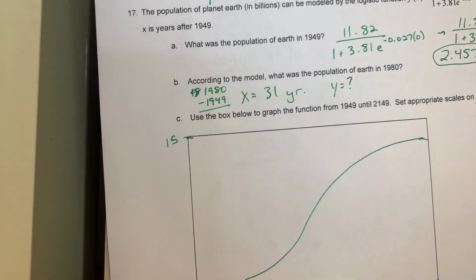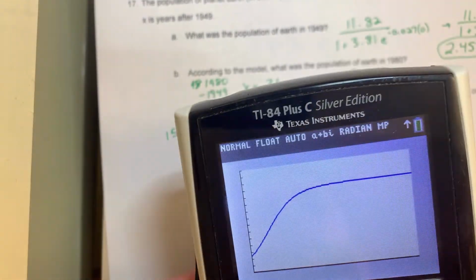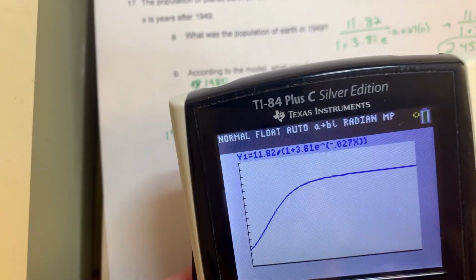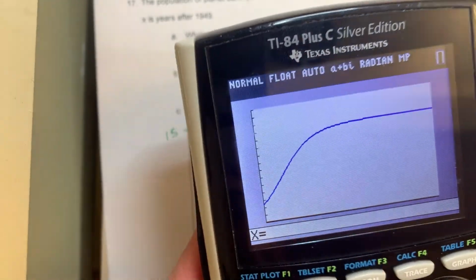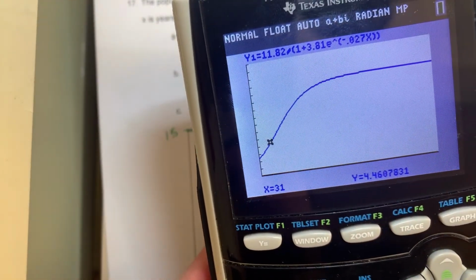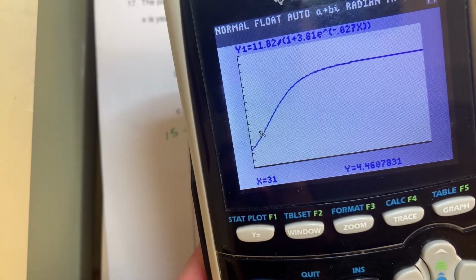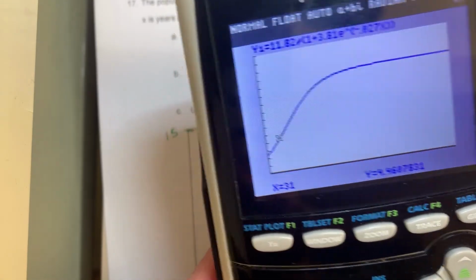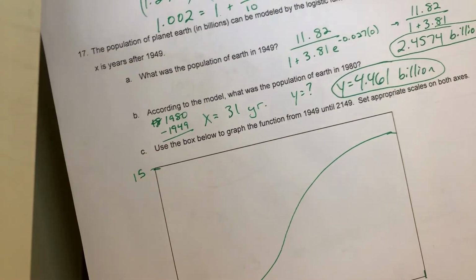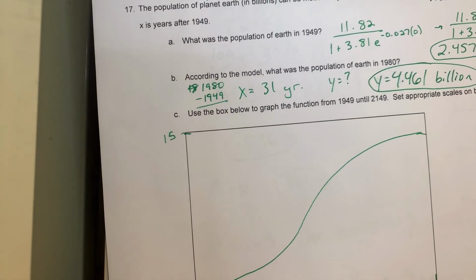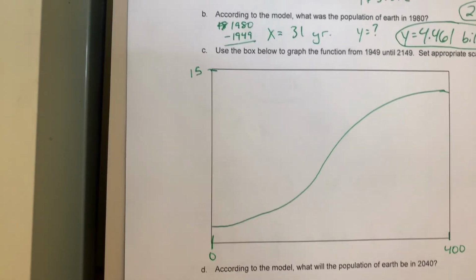I can go second calc value and type in 31. So I see when x is 31, y is about 4.461, and that would be, again, billion people. So that was the population of Earth approximately in 1980.